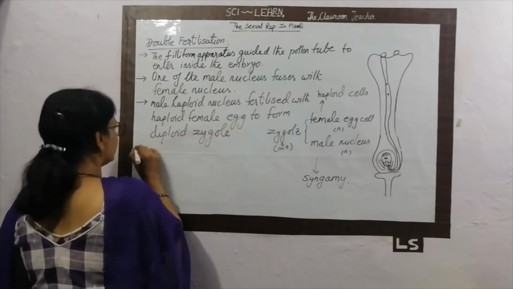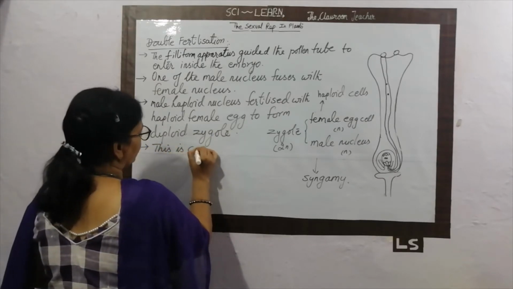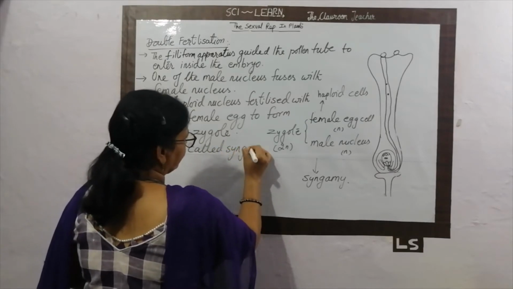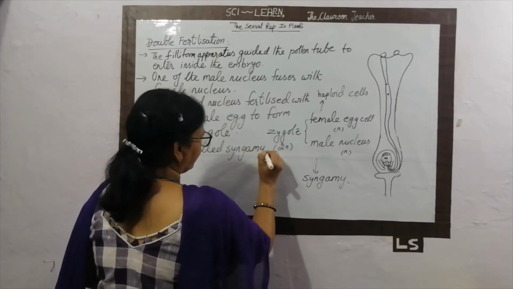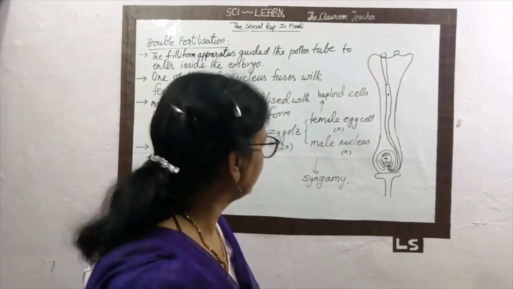A simple process, and this process is called syngamy. This is the first part of fertilization.